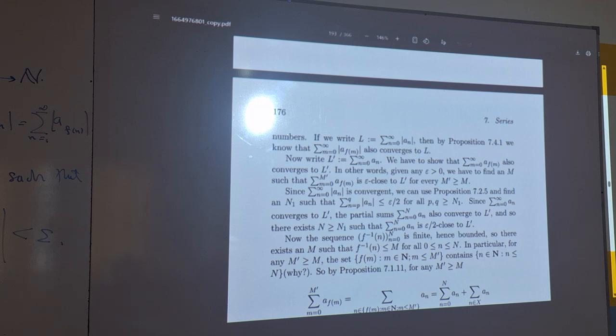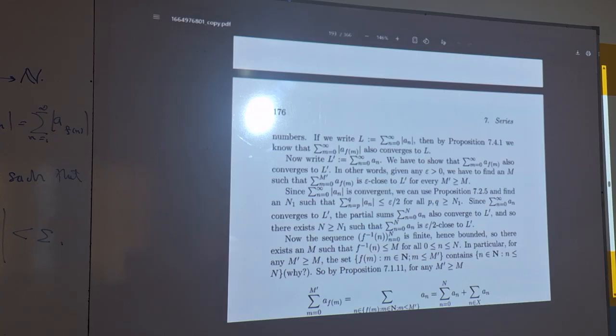I see it. I don't see it. The time is short. n greater than or equal to m.